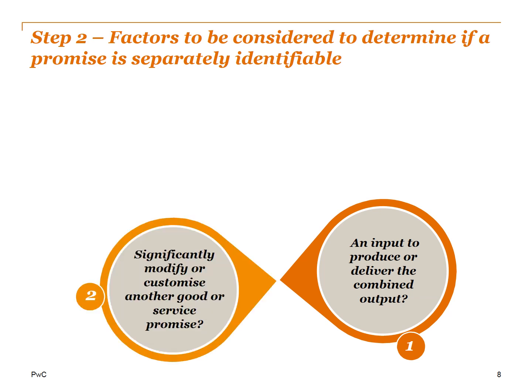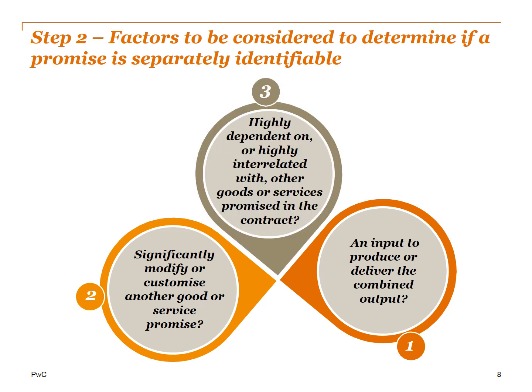The good or service does not significantly modify or customize another good or service promised in the contract, and the good or service is not highly dependent on or highly interrelated with other goods or services promised in the contract. For example, the fact that the customer could decide not to purchase the good or service without significantly affecting the other promised goods or services in the contract might indicate that the good or service is not highly dependent on or highly interrelated with those other promised goods or services.